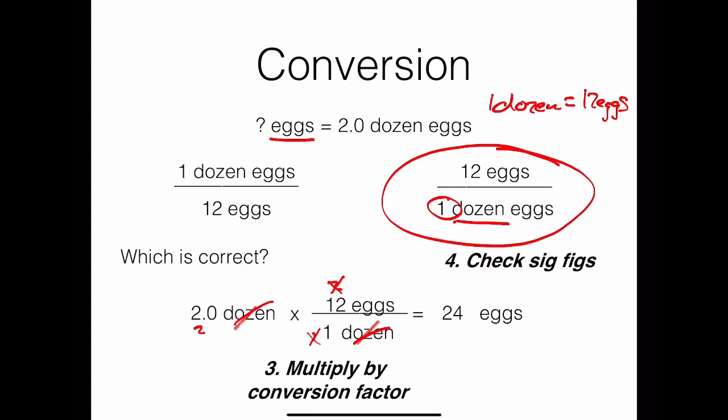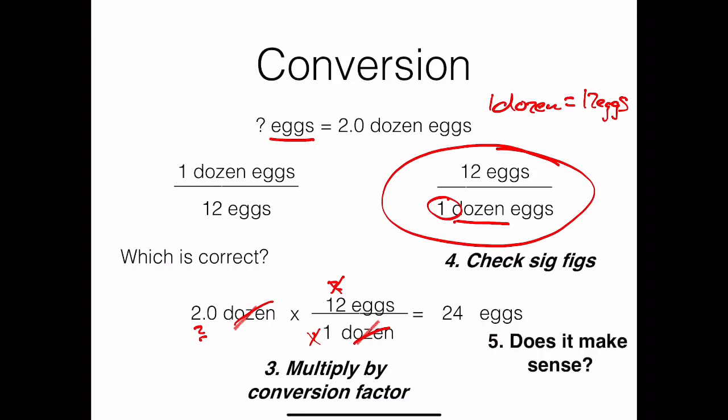So we never count the sig figs in a conversion factor as determining how many should be in our answer. We're only going to look at the number we started with. And the number we started with was 2.0 dozen. Therefore, I'm going to have 2 sig figs in my answer. Do I have 2 sig figs in my answer? Yes. So 24 is the correct numerical answer here.